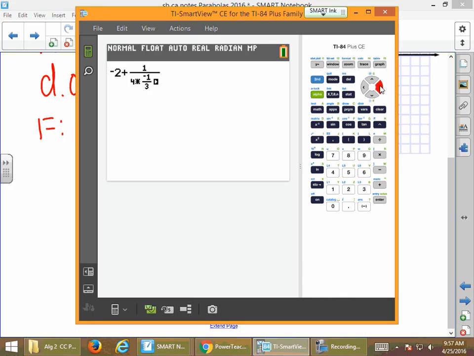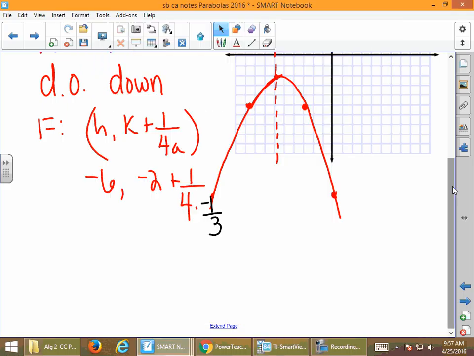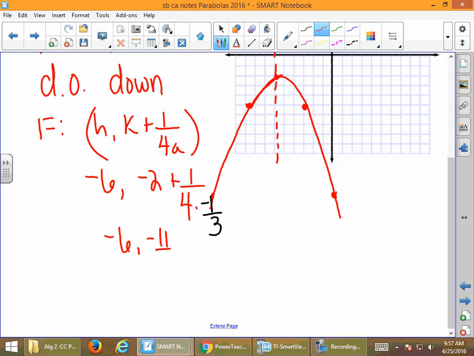And when we press enter there, we'll get our value, which is negative 11/4. So it's negative 6 and negative 11/4.